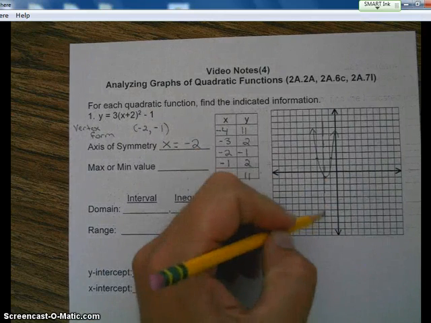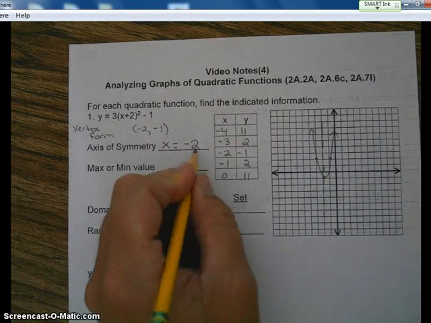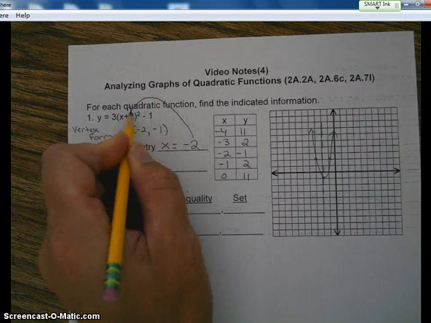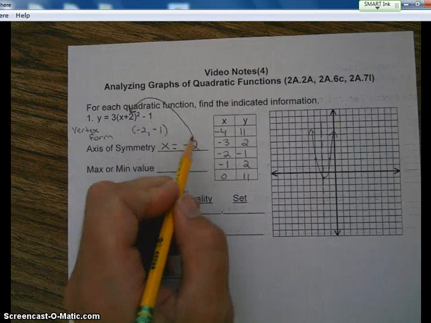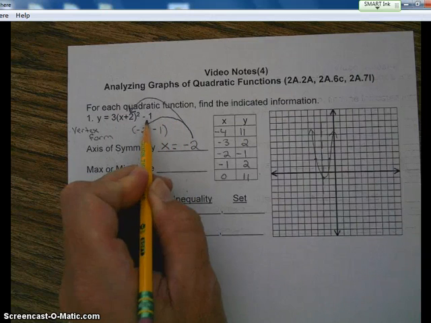So this is x equals -2. And this number right here will always correspond to this number right here, 2 units to the left. Or you could look at your vertex, at your x coordinate right here.